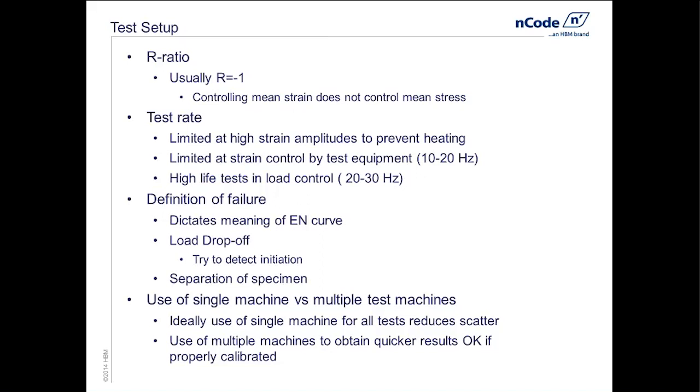But as you saw, some of those tests, especially the high cycle tests, can run for a substantial amount of time. And if I'm doing those tests sequentially on the same machine, that's going to dictate the duration, how long I have to wait for this test data. So it's allowable to use multiple machines as long as you feel comfortable that the calibration on those machines is kept up to date, so there's minimal scatter due to the different machines.